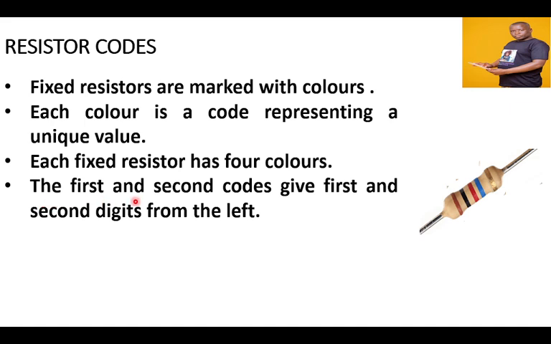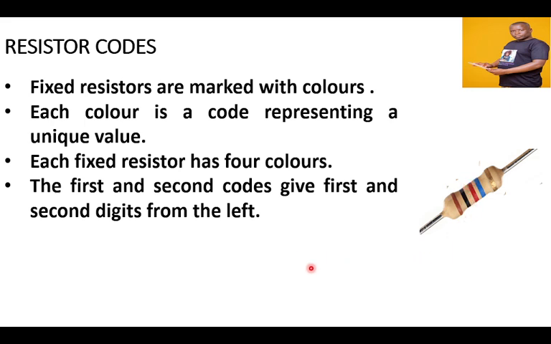So we are saying the value of the first color and the second color will give you the first and second digits. Let us suppose that this brown represents, just as an example, say, a 3. So the first value will be a 3. Let's suppose the second value represents a 0.